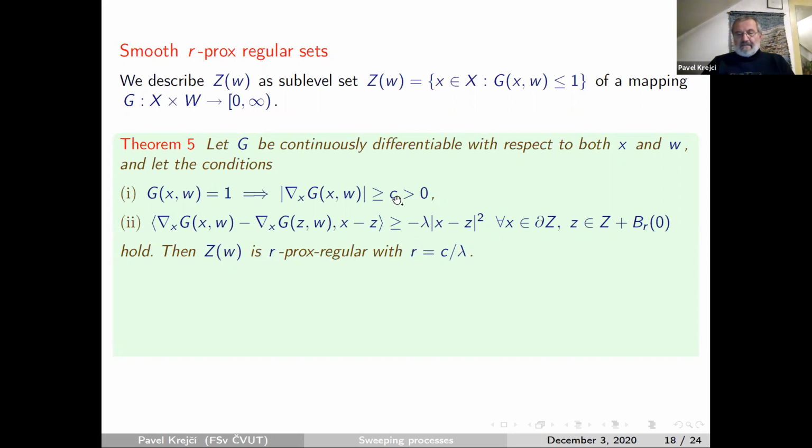This involves the lower bound for the x gradient of G, and then the Lipschitz continuity of the gradient.